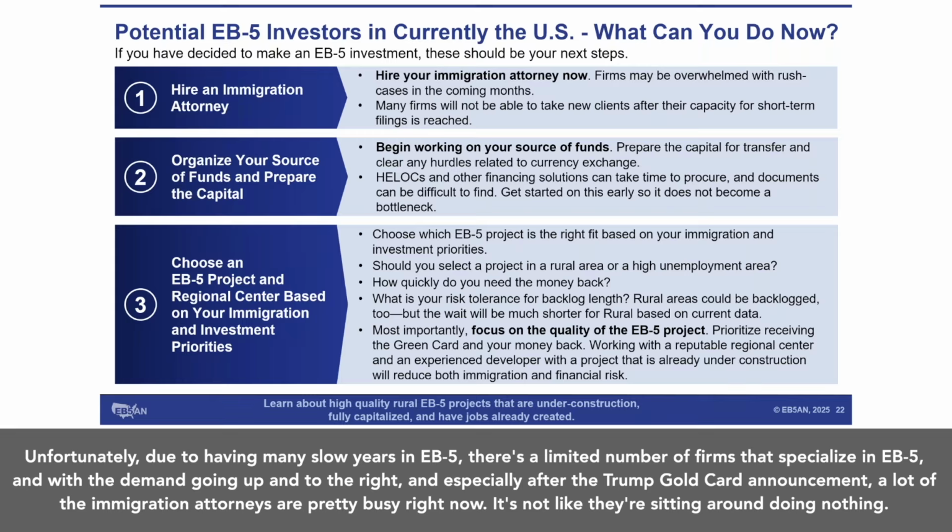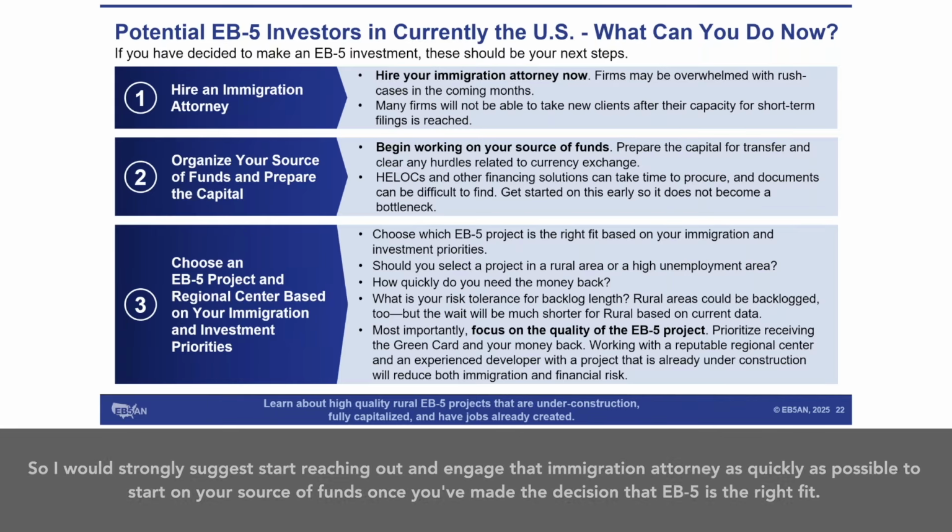Unfortunately, due to having many slow years in EB-5, there's a limited number of firms that specialize in EB-5, and with the demand going up and to the right, and especially after the Trump Gold Card announcement, a lot of the immigration attorneys are pretty busy right now. It's not like they're sitting around doing nothing. So I would strongly suggest start reaching out and engage that immigration attorney as quickly as possible to start on your source of funds once you've made the decision that EB-5 is the right fit.